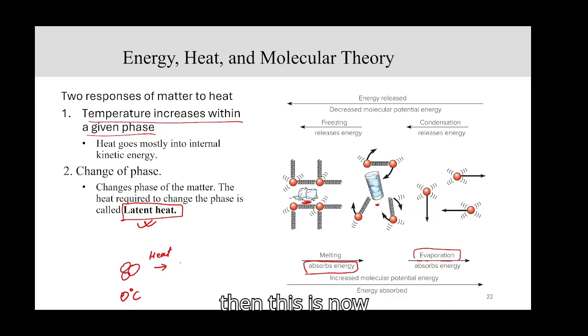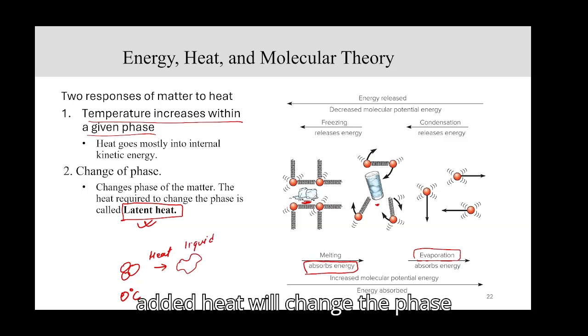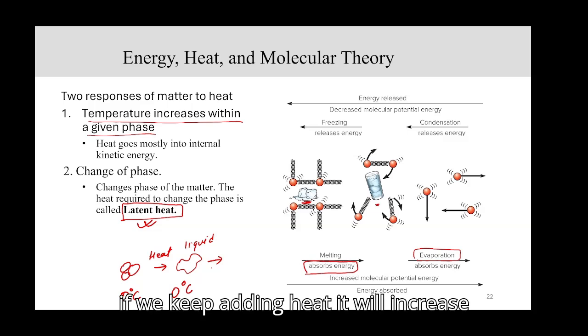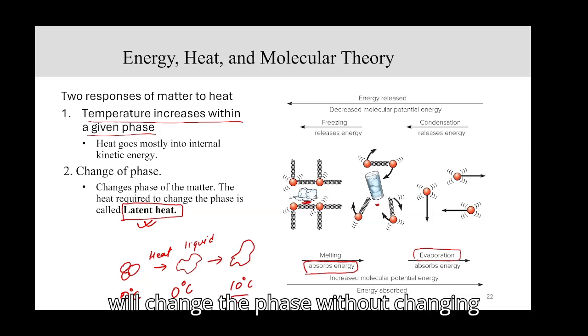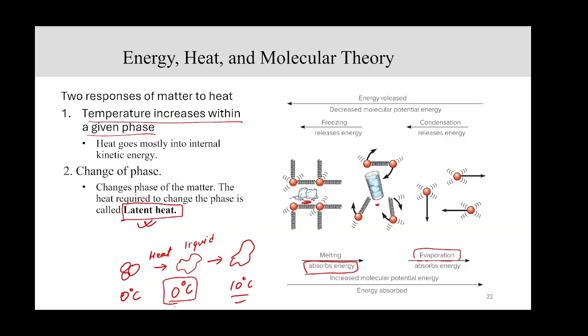Then this is now liquid. So this added heat will change the phase from solid to liquid, and it will still remain at 0 degrees Celsius. And only then, if we keep adding heat, it will increase the temperature of the water, for example to 10 degrees Celsius. So first, the latent heat will change the phase without changing the temperature. The temperature of ice and water will be 0 degrees Celsius when we are talking about latent heat.